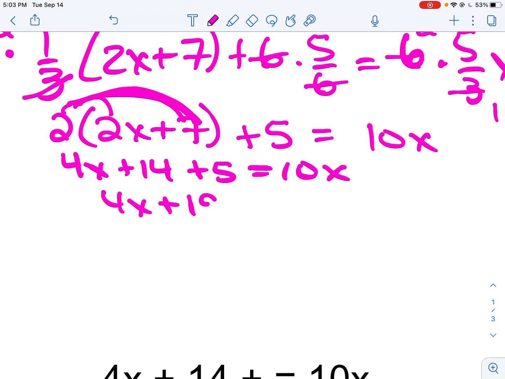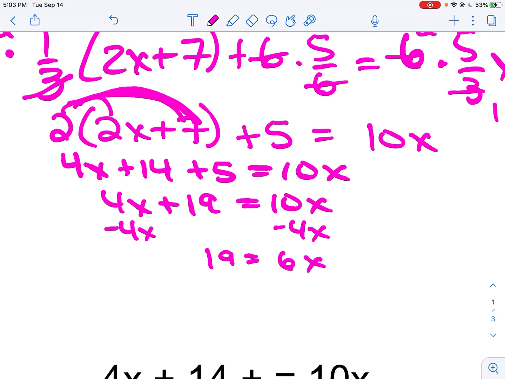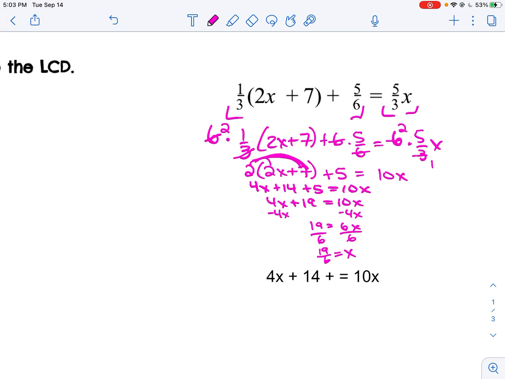So 4x plus 19 equals 10x. When I want to move the 4x to the other side because we want the variables on one side, I get 19 equals 6x. I divide by 6, and I get 19/6 equals x. And that's how you do that problem.